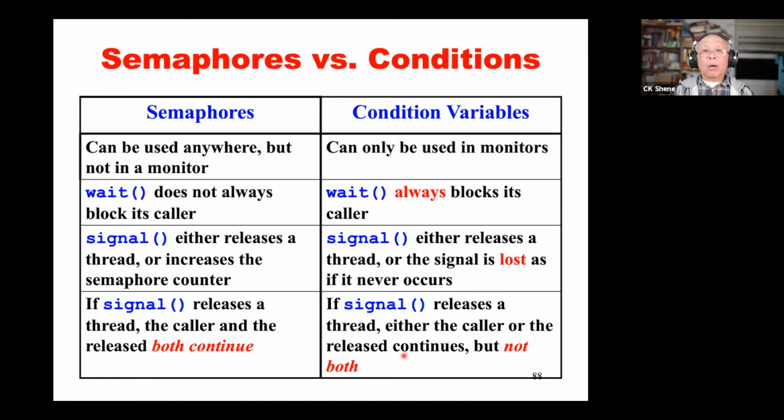Under the Hoare monitor type, the signaling thread yields the monitor to the released one. Under the Mesa type, the signaling thread continues, and the released one will be pushed outside, becoming inactive. Hopefully, these 3 comparisons can help you understand the differences between semaphores and the conditions, and the difference between Hoare monitor and the Mesa monitor.